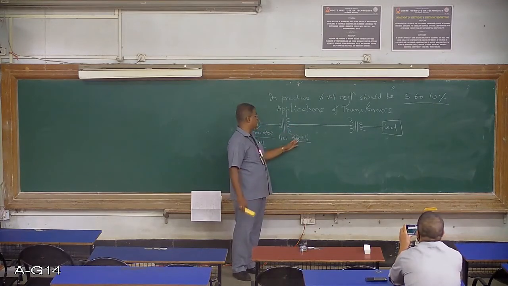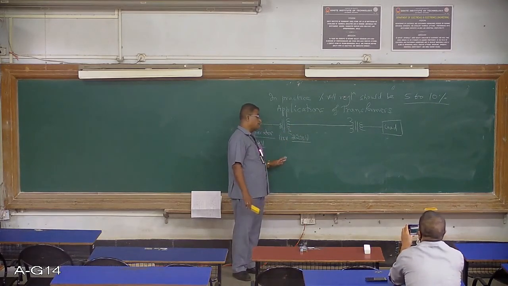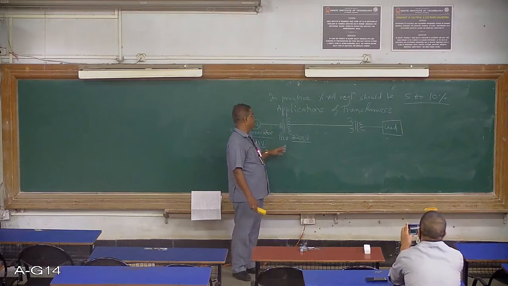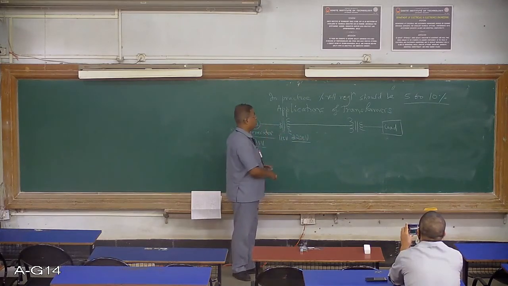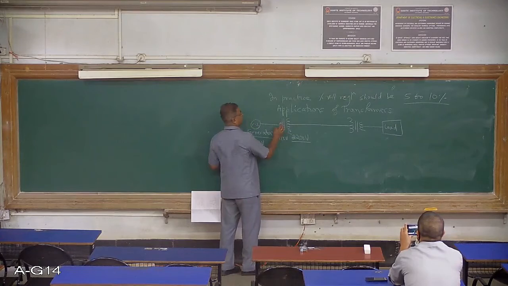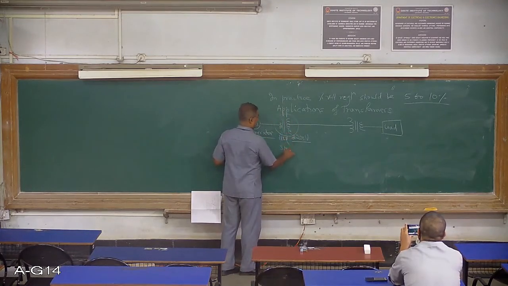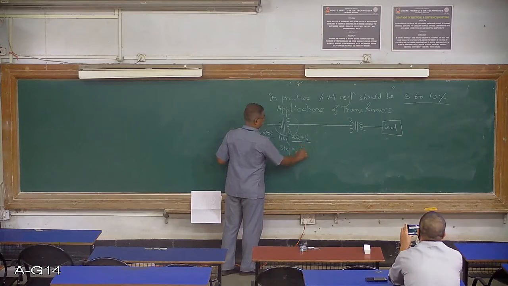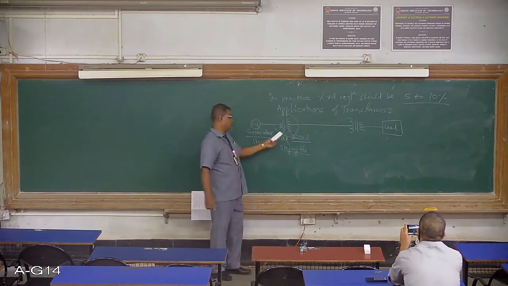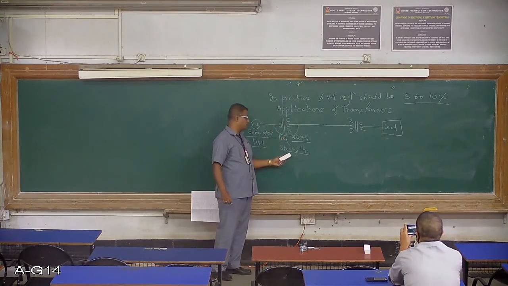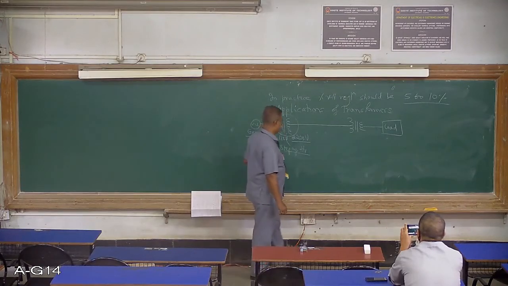In some regions, they have used 400 kilovolt, 750 kilovolt, and so on. Okay, so voltage has to be increased from 11 kilovolt to 220 kilovolt. So for that purpose, we need a transformer, that is a step-up transformer. So for increasing the voltage at the generating station, a transformer is required.